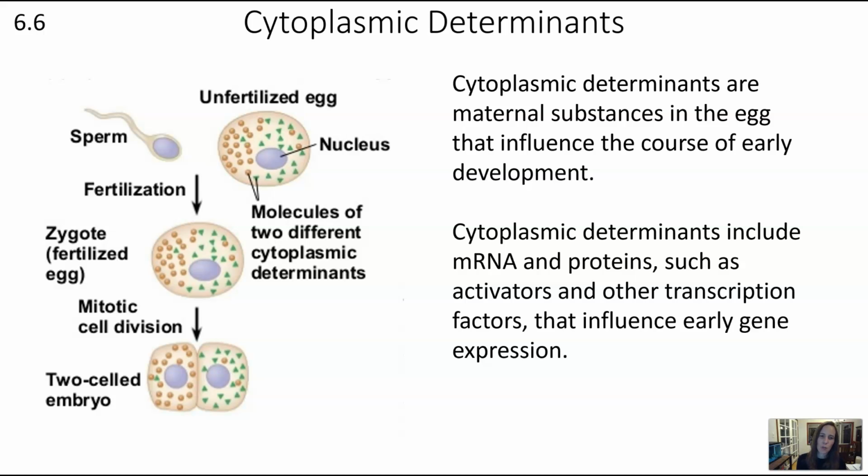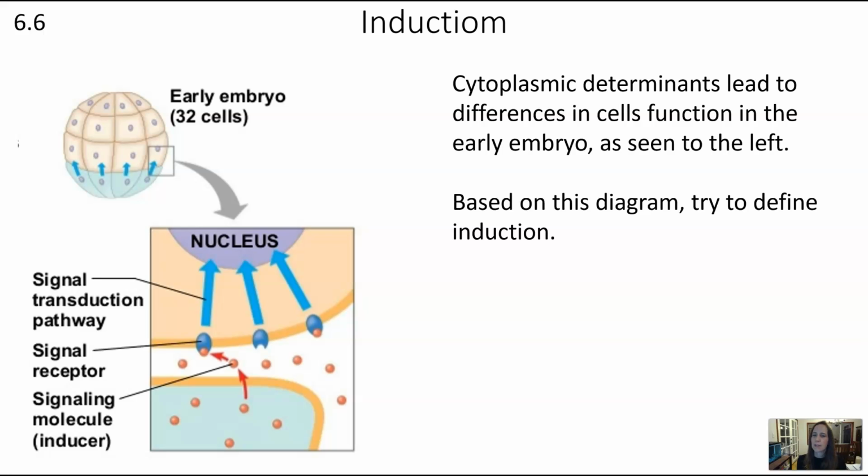On the left, you see more of those orangish circles, and on the right, you see more of those green triangles, which means that in those early cells there are going to be different ratios of those cytoplasmic determinants. Cytoplasmic determinants lead to differences in cell function in the early embryo.